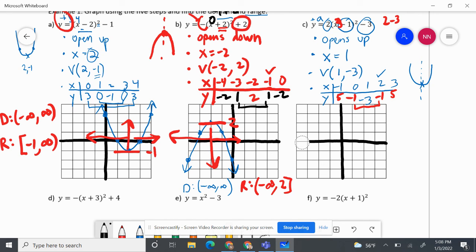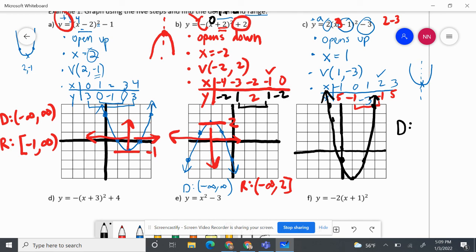It doesn't fit, so what I'm going to do is I'm going to bring down the x value just 1. Now it fits. -1 and 5. 0, -1. 1, -3. 2, -1. And 3 and 5. And that right there gives me my graph.